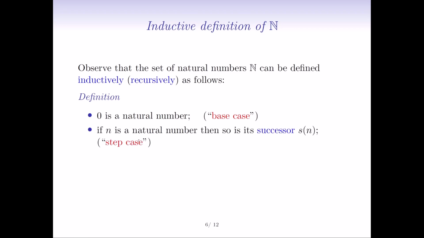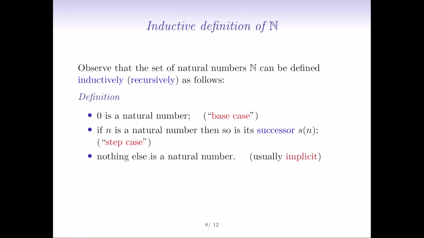And then if n is a natural number, then its successor, s of n, is also a natural number. Sometimes this is called a step case of the definition because it explains how to build a bigger object of the type given some existing number.